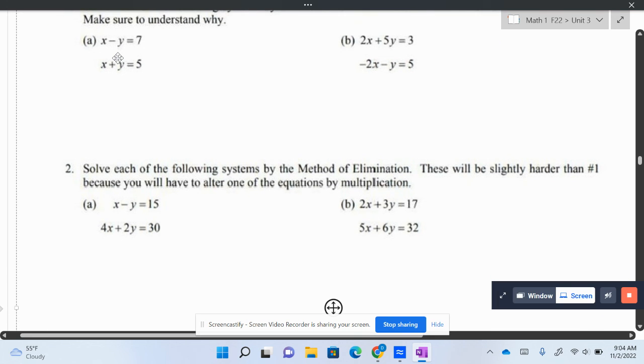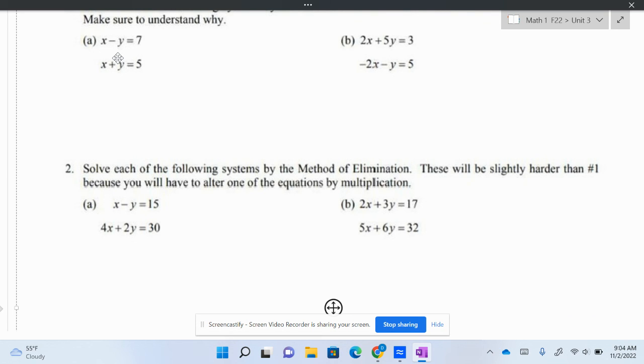2a. What do you think you should multiply by? Negative 4. Okay. You can multiply by negative 4 and you'd have opposite x's. Yes. What else could you multiply by? You could also multiply by 2 and get opposite y's. So either multiply by a negative 4 to get rid of your x's or a positive 2 to get rid of your y's.